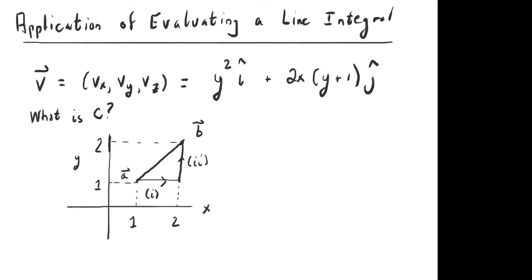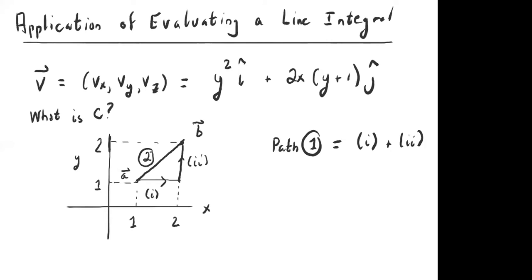And I will call this guy path 2. So I have two paths in this problem. Path 1, that's just going to be I plus double I. So that's going from x equals 1 and y equals 1 to x equals 2, y equals 1, plus going from this point, x equals 2, y equals 1, to this point where x and y are both 2.